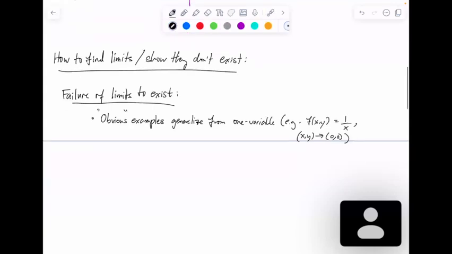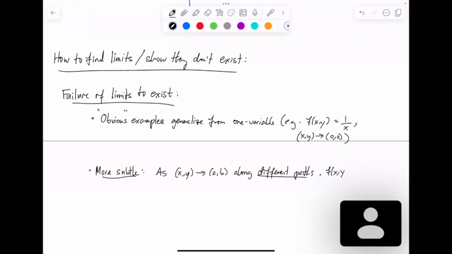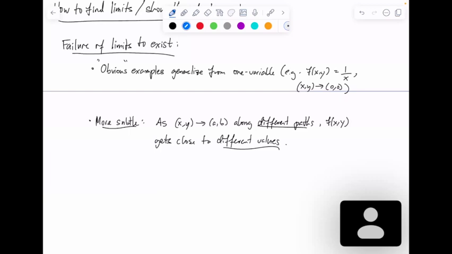Now the more subtle case in this class is when, as (x, y) goes to (a, b) along different paths, f(x, y) gets close to different numbers. Let's take a look at a few examples. The first one is g from our example that we saw on the table, which I can't share anymore.